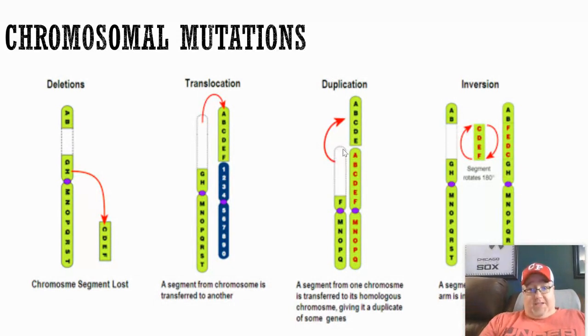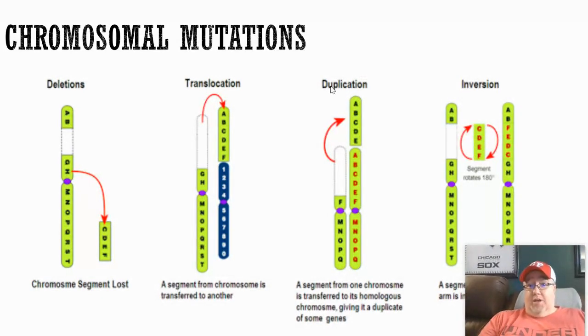So a segment of this chromosome 2 was put onto the other chromosome number 2. What that results in is the same genes being read twice. So certain proteins get built extra, and that's not normal. So that's a mutation. But it's chromosomal because again, multiple genes are affected. We call that a duplication.